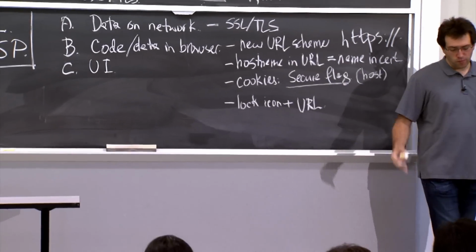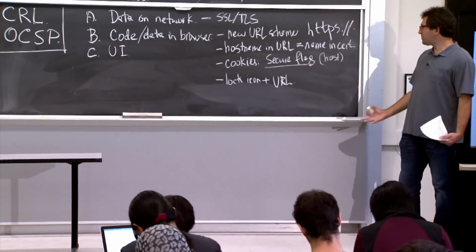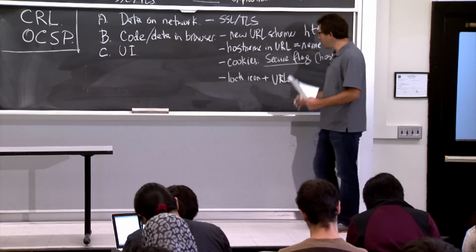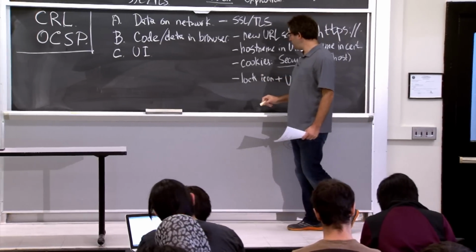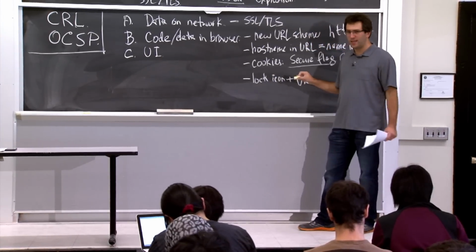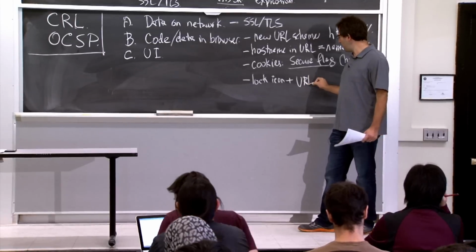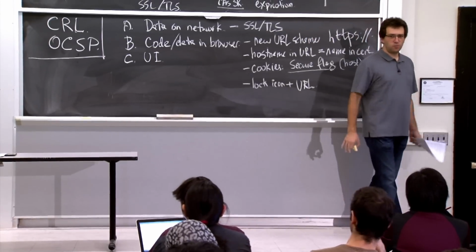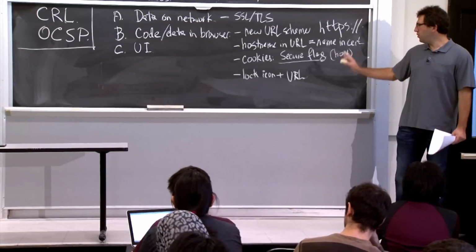If you're ever entering secure or confidential stuff into some website, you should look at the URL, make sure that's the actual host name that you want to be talking to, and then look for a lock icon, and then you should assume things are good to go. So that's the UI aspect of it.